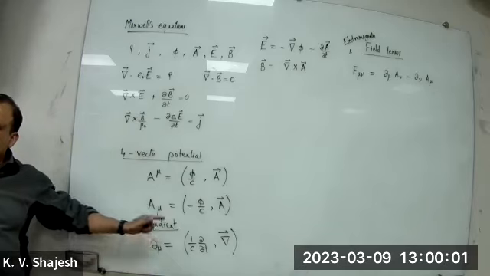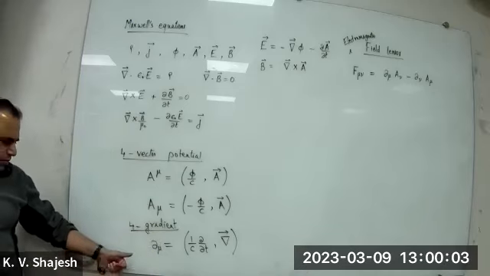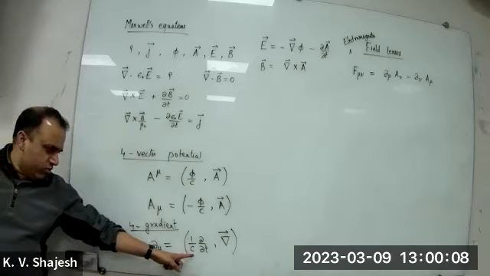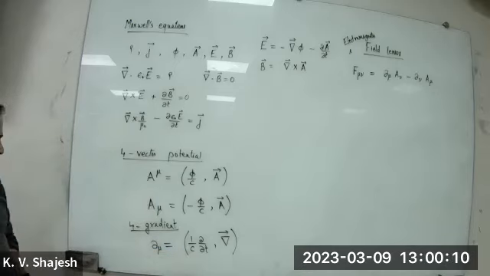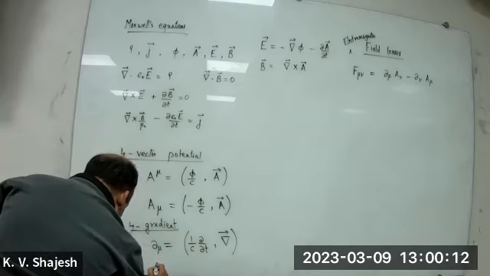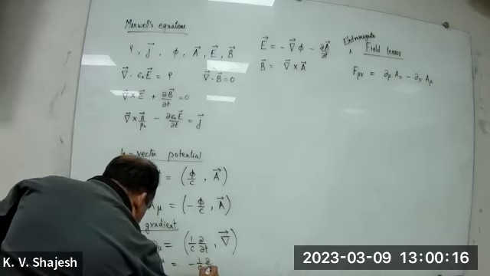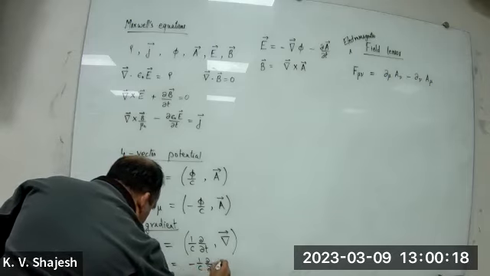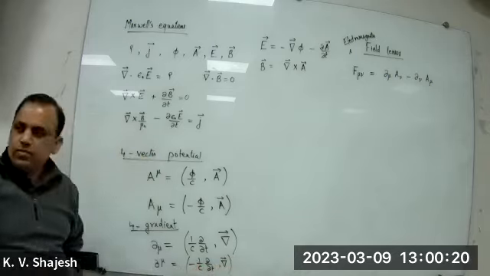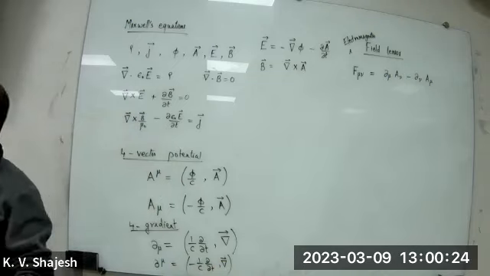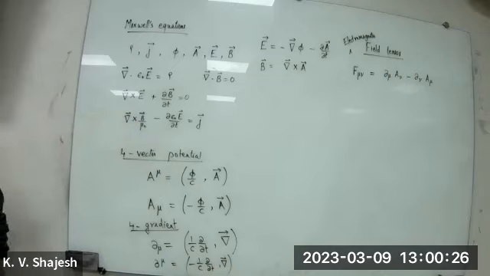Notice it is the covariant component, or the downstairs component, that is chosen as positive. If I make it upstairs, this will be minus 1 over c d by dt. Whenever I go up or down, the time component switches sign. That's our understanding.